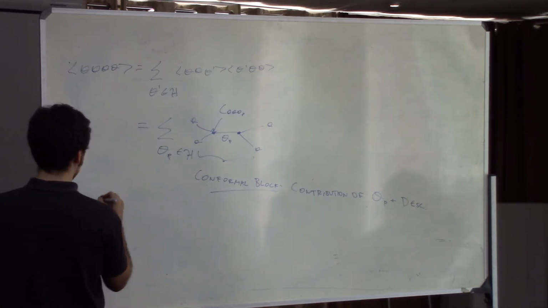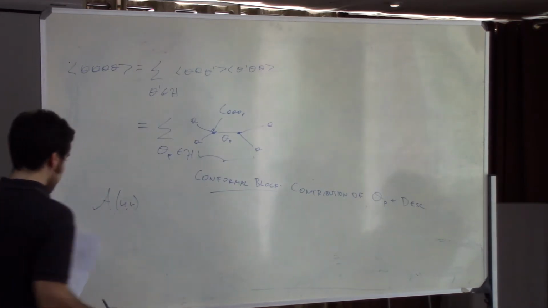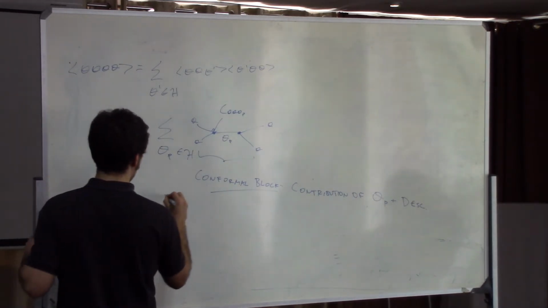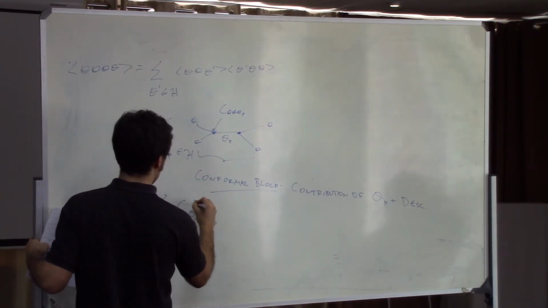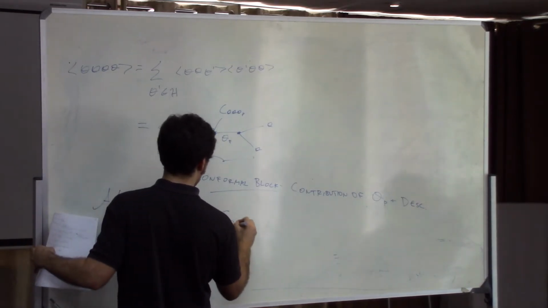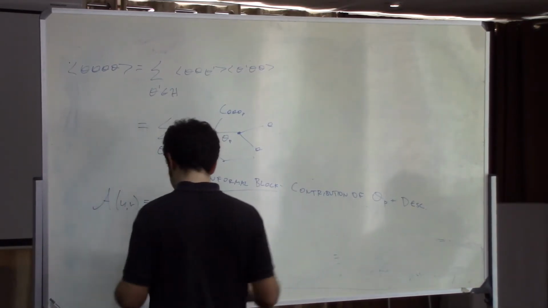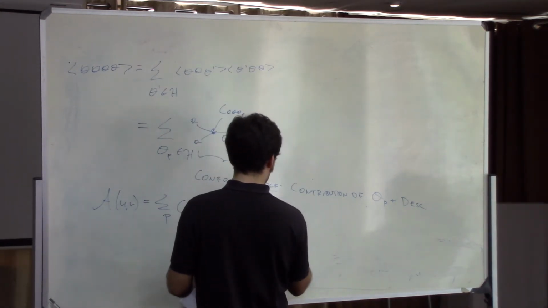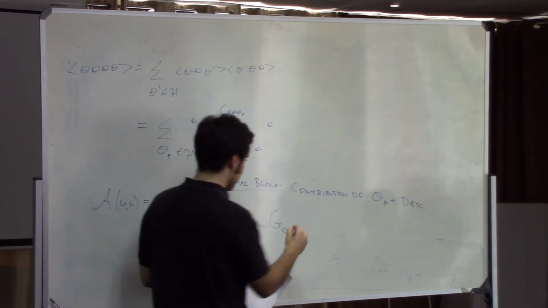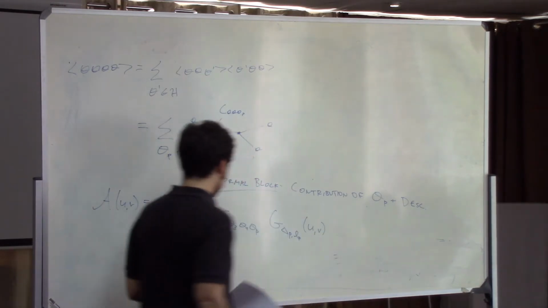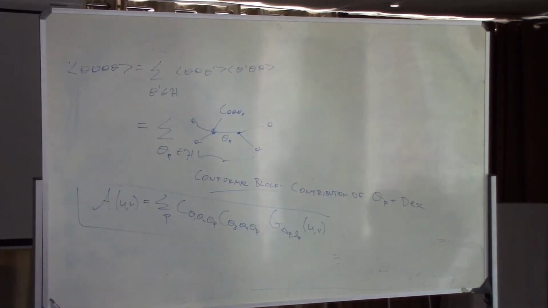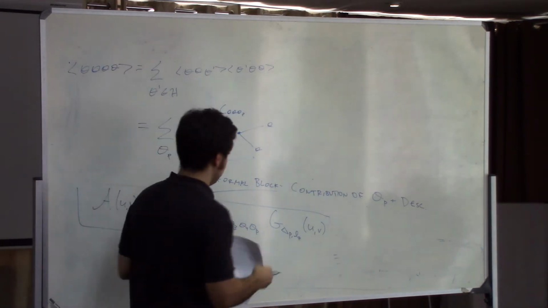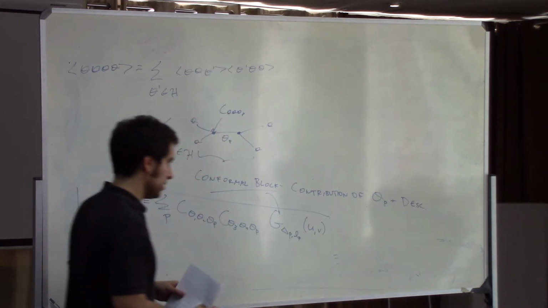In terms of the less schematic equations over there, the statement is that this A can be written as a sum over primary operators, C1,2,B, C3,4,D, times the conformal block, which I'll call capital G, with the subscript delta P to stand for the quantum numbers of the exchange primary, which itself is a function of the coordinates U and V. This is the block, and this is what we'll spend some time talking about now.